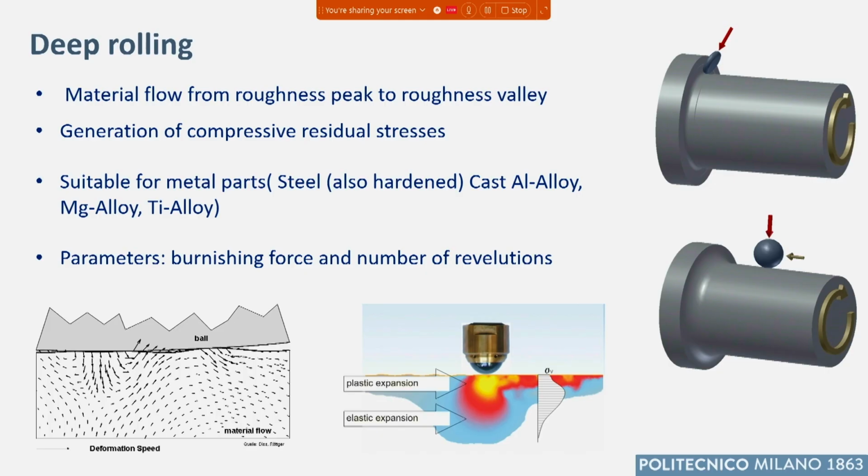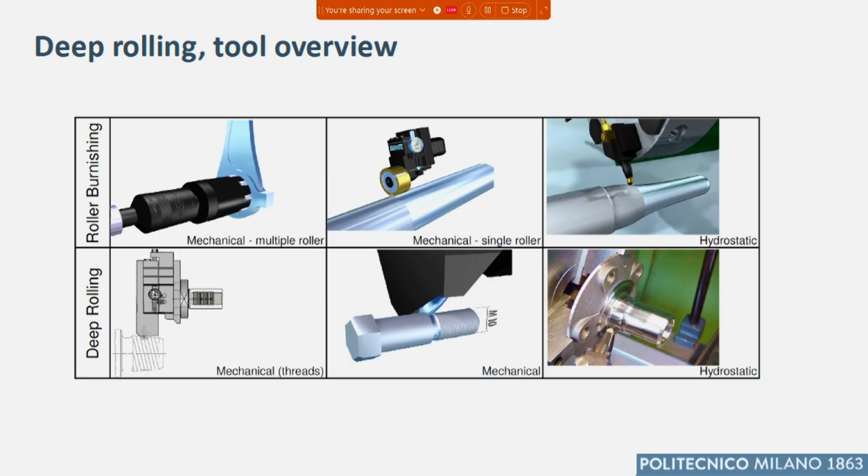That is, we are using this tool, this sphere, instead of a roll, and in this way we are able to induce plastic deformation if we are applying a suitable axial contact load, let's say. This is burnishing, and is suitable for metal parts, even hard, such as hardened steel and so on.